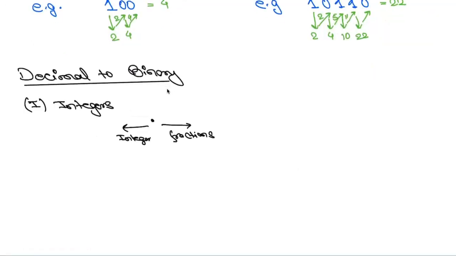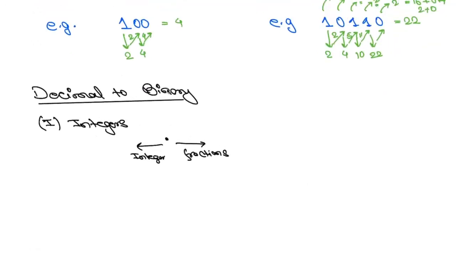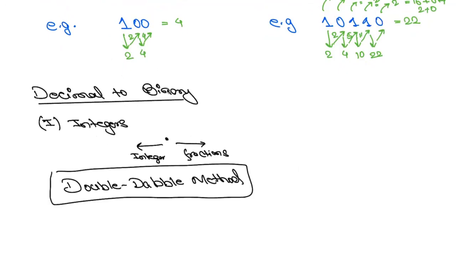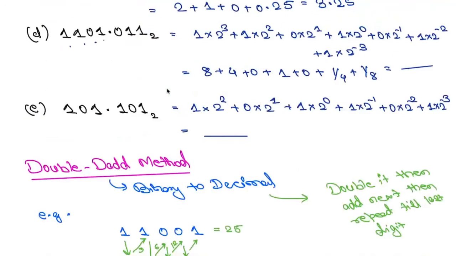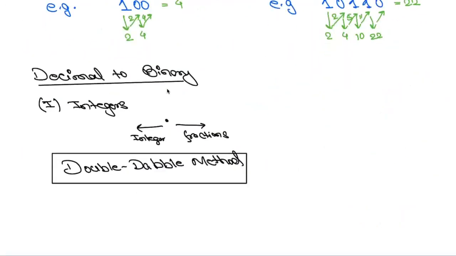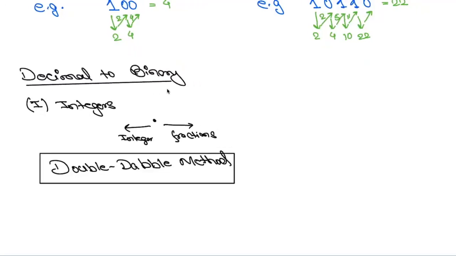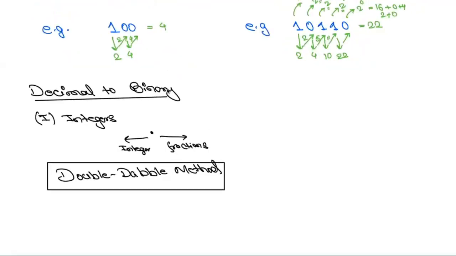So what we will do with integers, right? So again we have double dabble method. कौन सा मेथड यूज करते हैं हम लोग यहाँ पर? डबल डैबल मेथड। डैबल मींस दैट वी आर कन्वर्टिंग फ्रॉम डेसिमल टू बाइनरी, राइट? क्या करते हैं इसमें?